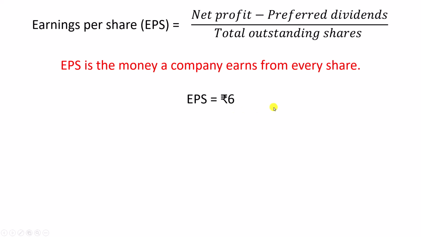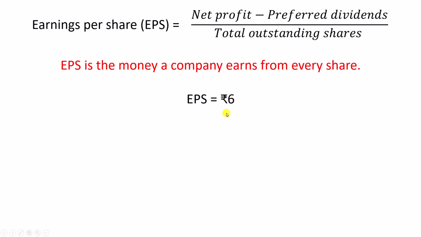What it means is the 10 rupees share that I had bought in the last year has earned 6 rupees. That is what EPS is. How much money did the share that I had bought last year earn? It has earned 6 rupees.